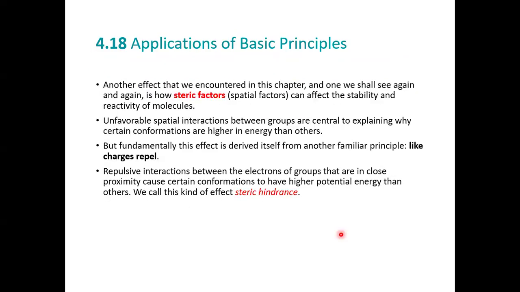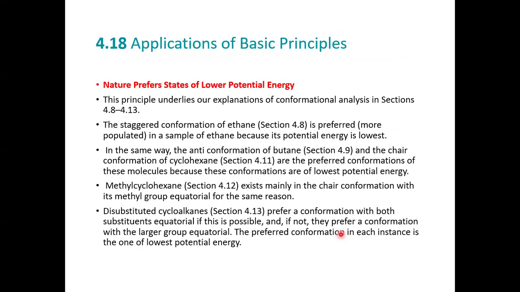So in general, what are the applications that we've learned so far in chapter 4? We've learned that nature prefers states of lower potential energy, and that is where most of the time our molecules stay. In conformational analysis, the lowest potential energy conformation allows the compound to stay in that state at equilibrium.